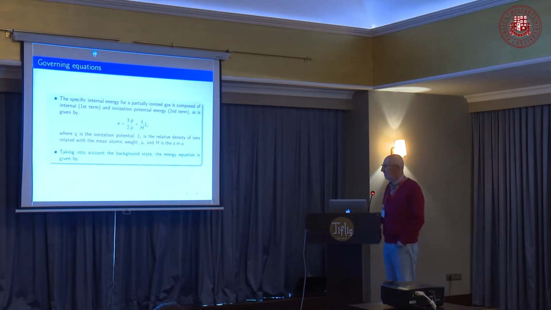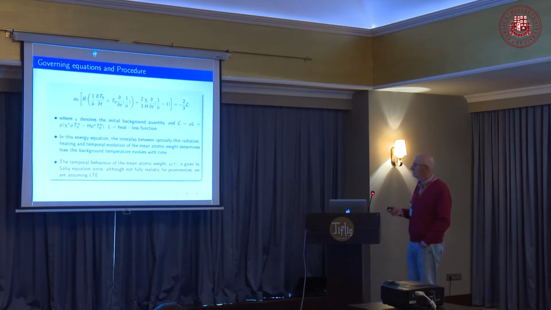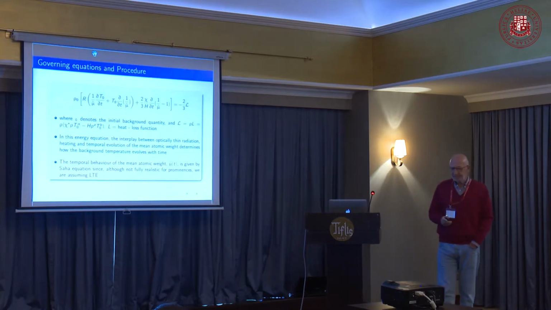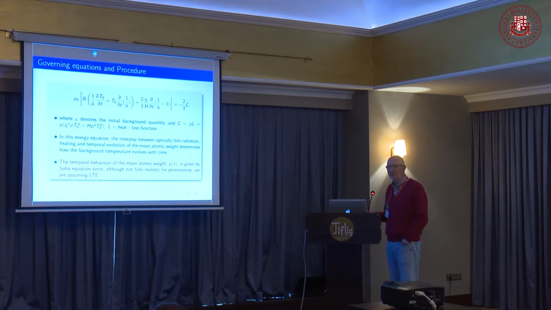Then we take into account the background state. The energy equation is given by this expression, in which the interplay between heating, cooling, and the temporal variation of the mean atomic weight determines how the background temperature evolves with time.